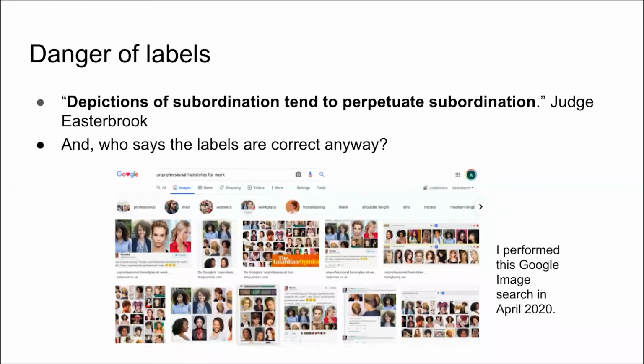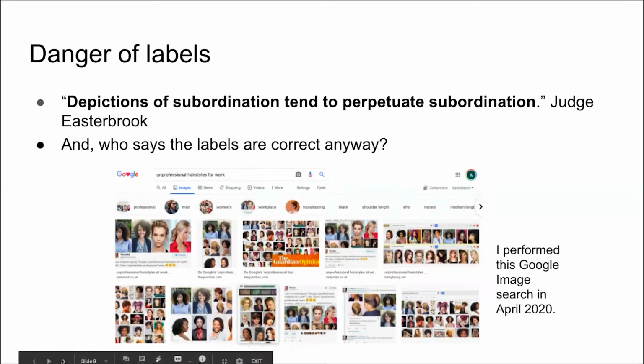So you can say it's gotten more fair in that the label now seems to recognize that many races can be guilty of inappropriate hair, but we don't seem to have fixed the gender problem, that at least right now, if I'm a child learning about the world by searching Google, or if I'm even just an impressionable adult, as we all are, whether we recognize it or not, Google is teaching me that only women can have unprofessional hairstyles.